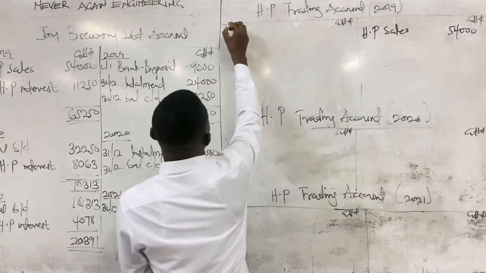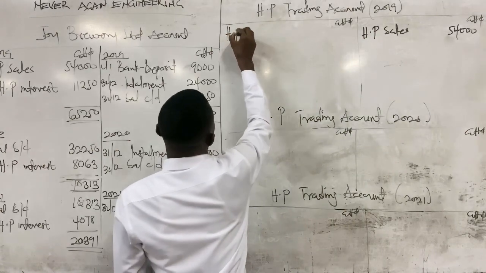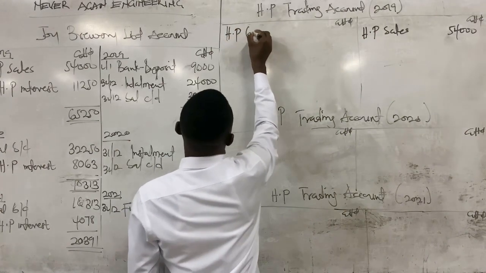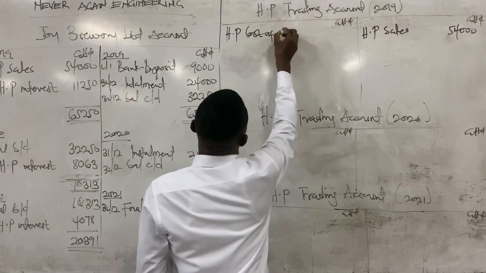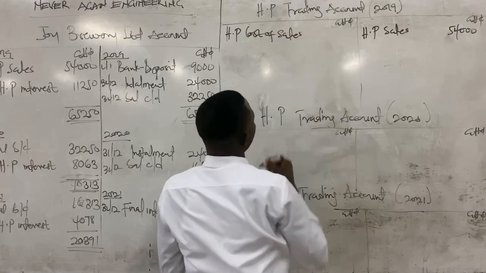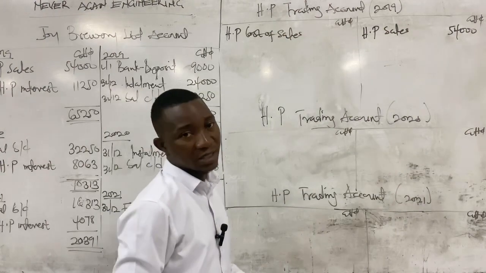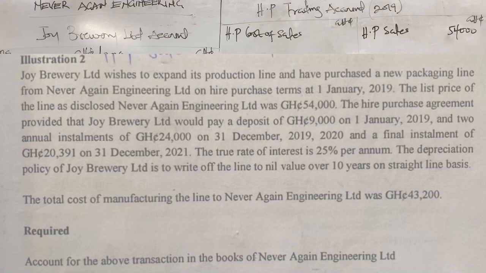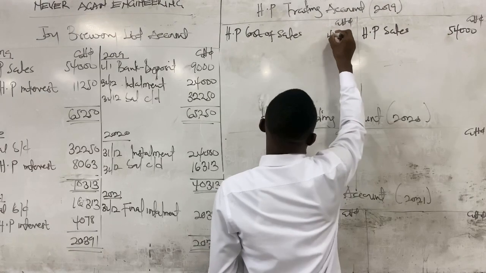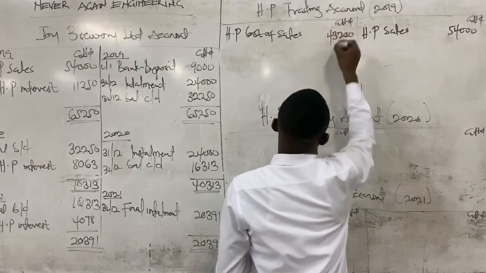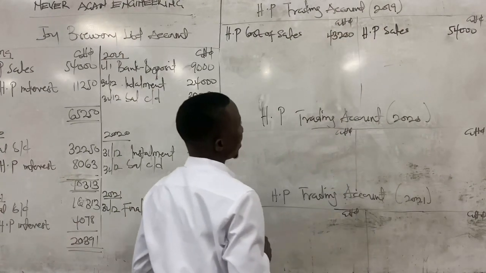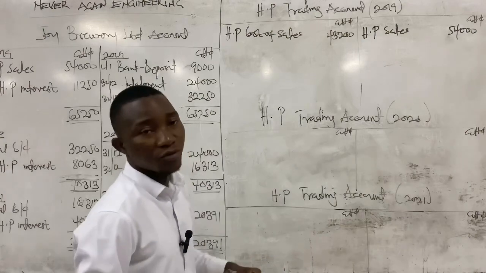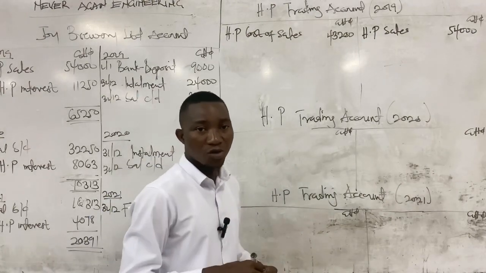So we have HP cost of sales, and this cost of sales is directly from the question. That is the cost of manufacturing the packaging line, that is 43,200. With this we should be able to determine the gross profit.